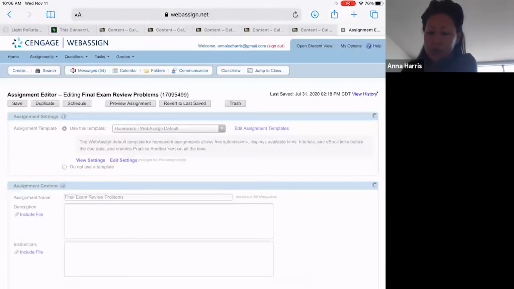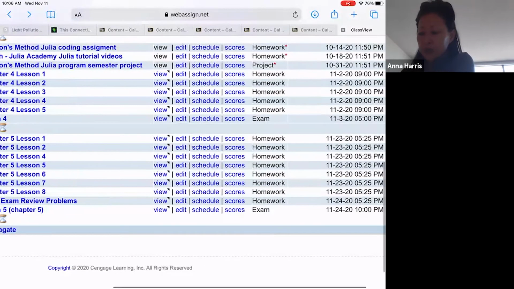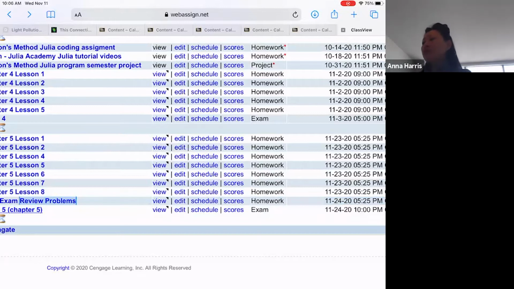That is due by the 24th. So you need to start working on this because I will choose your final exam from the final exam review problems. If you have not done your final exam review problems, you're going to have a problem doing your final, because your final exam comes from your final exam review problems. All right.